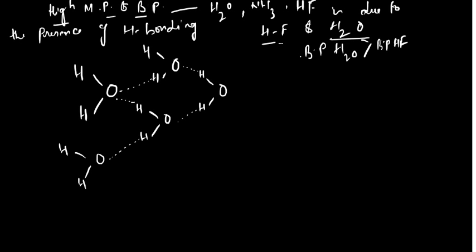If you look at this, each oxygen is linked to 4 hydrogen atoms: 1, 2, 3 and 4. I'll just write it over here.